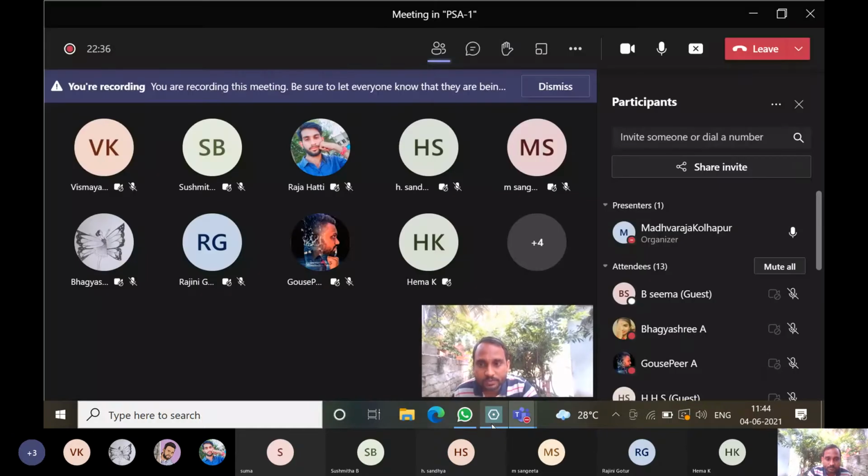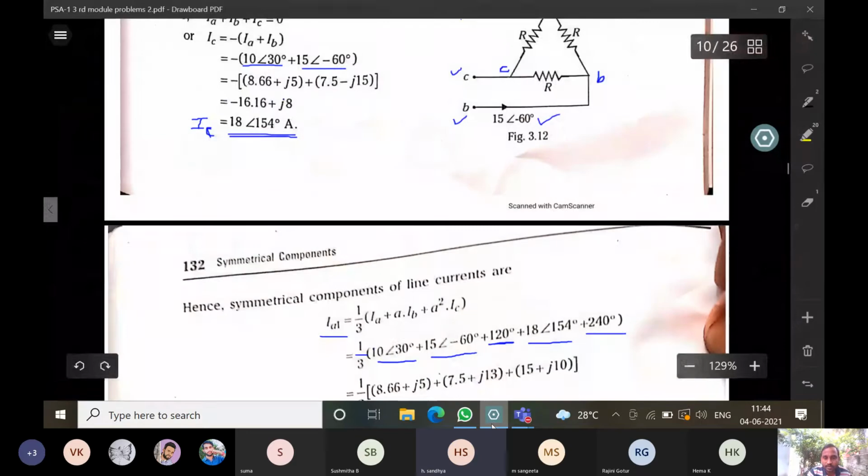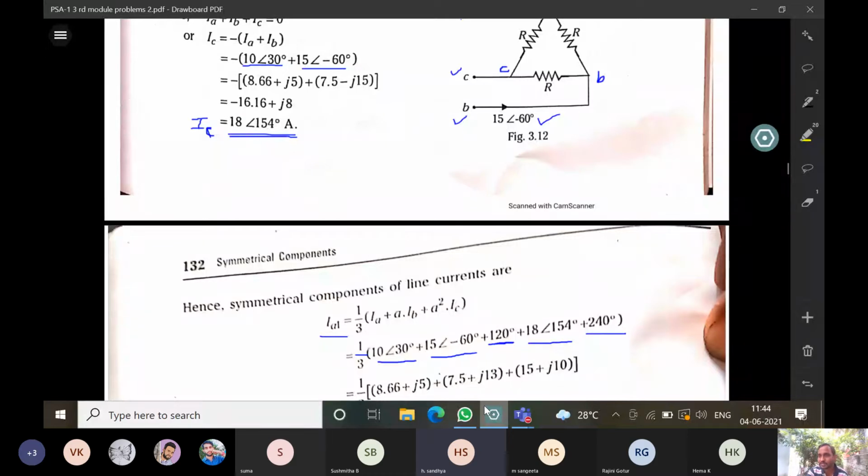Sandhya, what is the answer for IA1? Sir, I don't have a calculator, sir. Right. How are you doing this subject without a calculator?